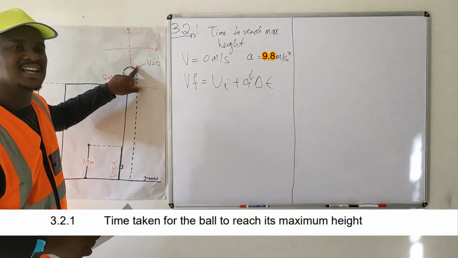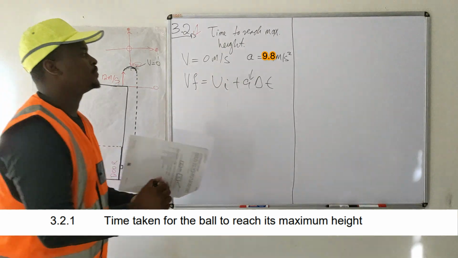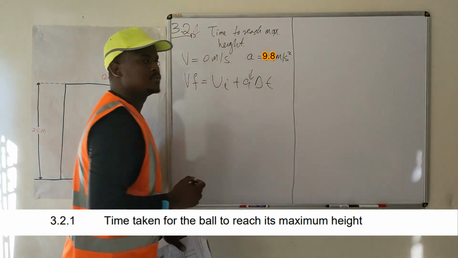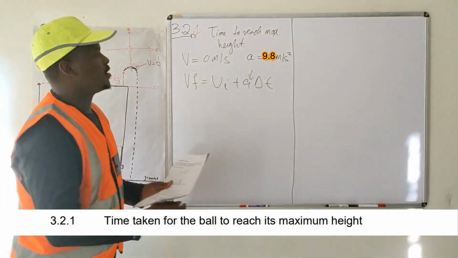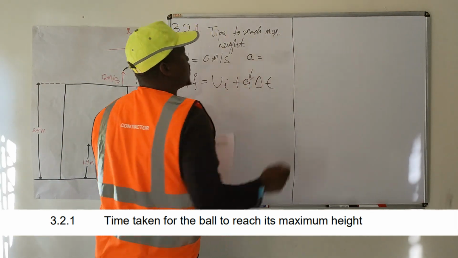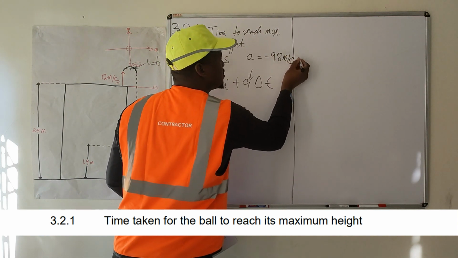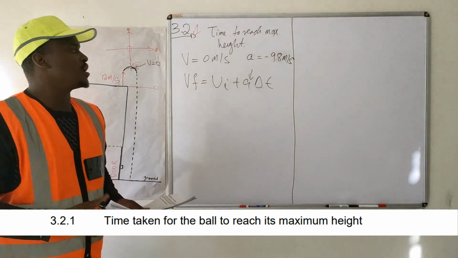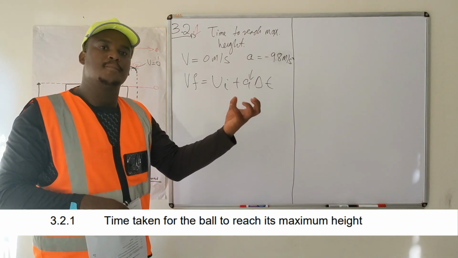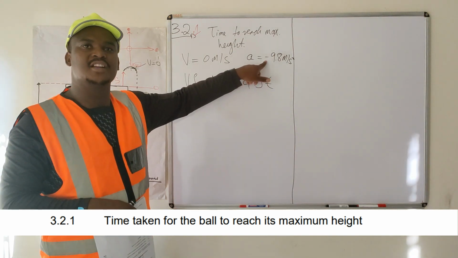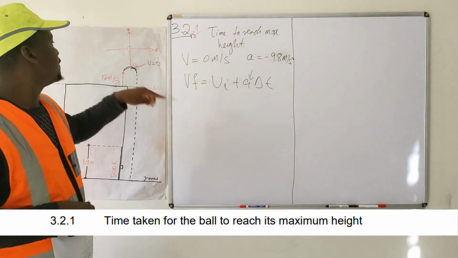So we said any vector that has a direction downwards should be negative. So our gravitational acceleration is negative 9.8 meters per second squared. 9.8 is the magnitude, which is the size of the acceleration, and the negative sign is telling you the direction, because we said all the vectors pointing downwards will be negative.